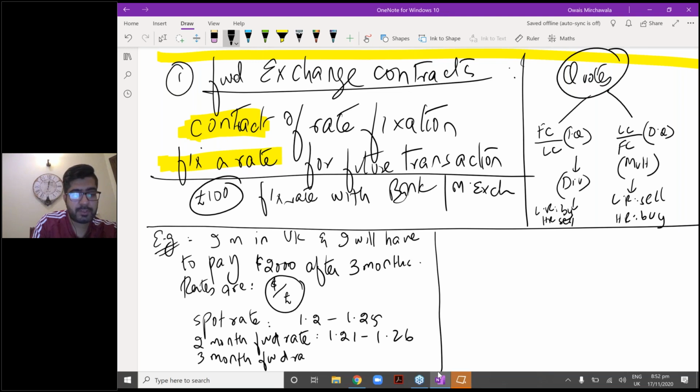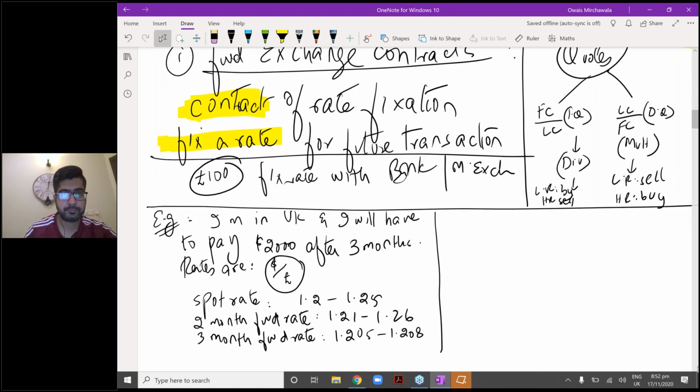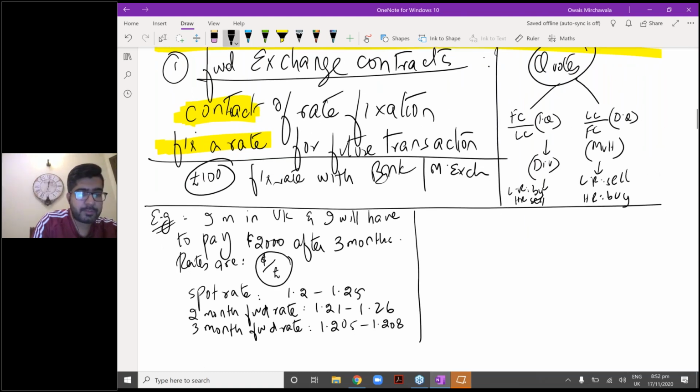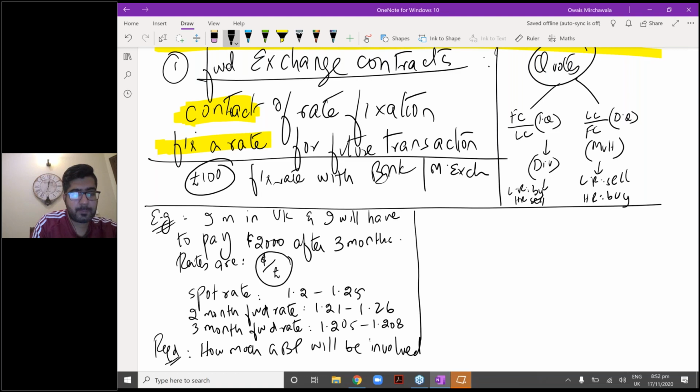And 3-month forward rate 1.205-1.20. The requirement is how much GBP or pounds will be involved in the forward exchange contract.